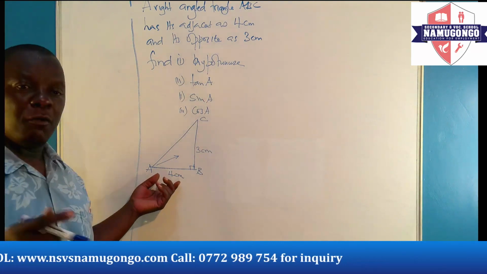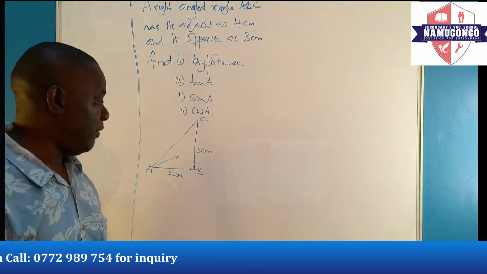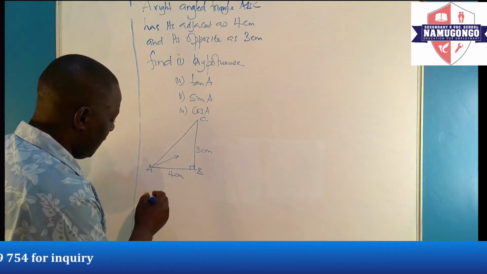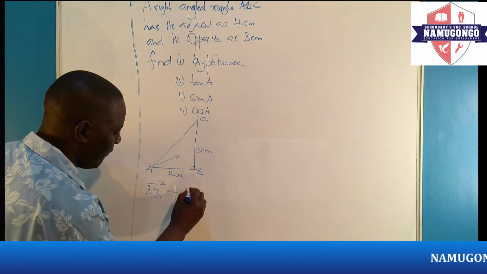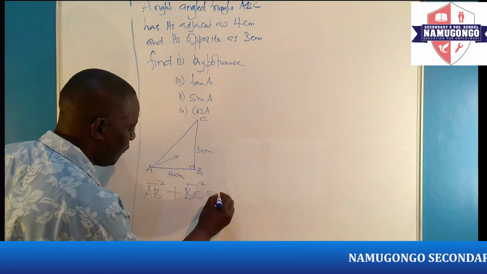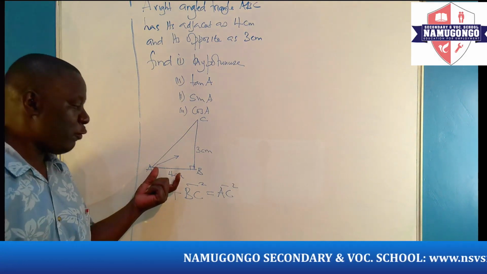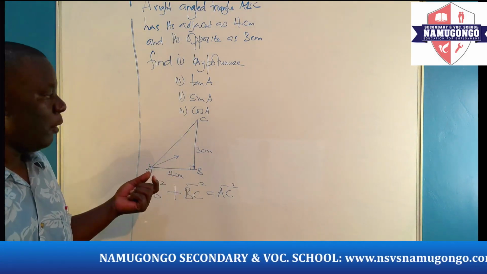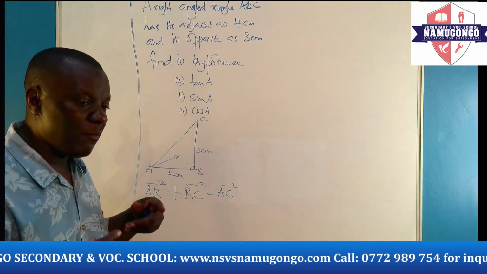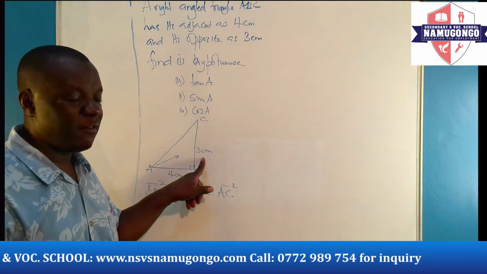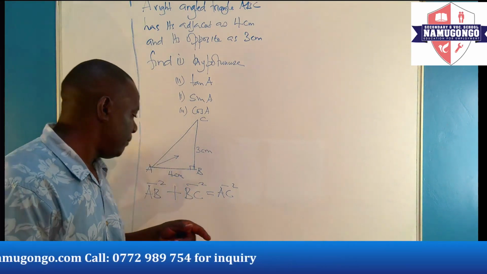In order for us to find the hypotenuse, we are going to use Pythagoras theorem, which states that the sum of the squares of the adjacent and the opposite is equal to the square of the hypotenuse. Let's feed in.